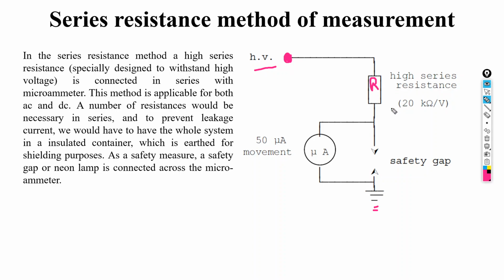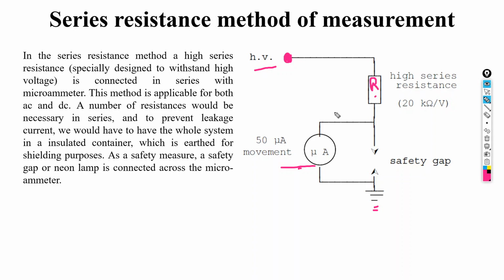The value of this resistance is kept high, and in series with this a microammeter is connected. As the value of resistance is high, the current flowing through this series combination of resistance and microammeter will have a magnitude in terms of microamperes. The magnitude of that current can be measured with the help of the microammeter, and the value of the resistance connected in series with it is known to us.